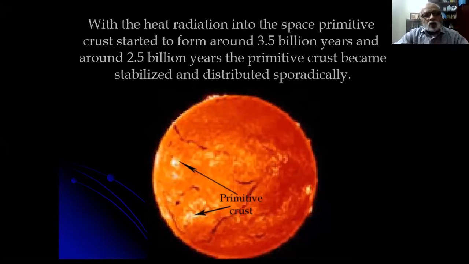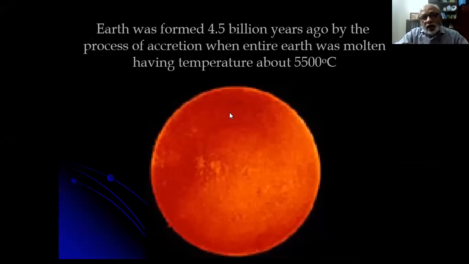And around 2.5 billion years, the primitive crust became stabilized and distributed sporadically. Now we can see here the white patches. The previous slide, which I showed you, was absolutely molten all around the Earth, there was no hard surface. This was the condition back in 4.5 billion years.